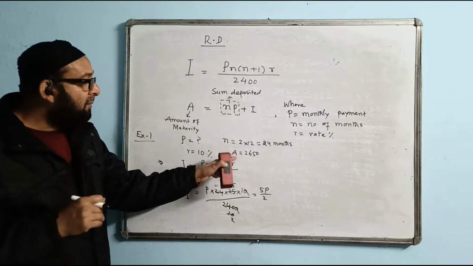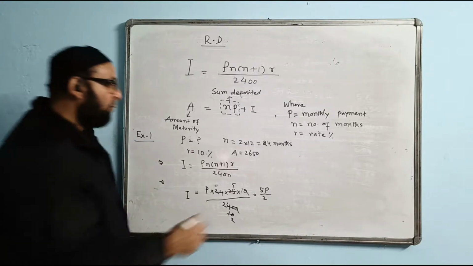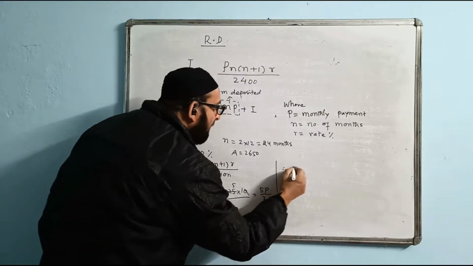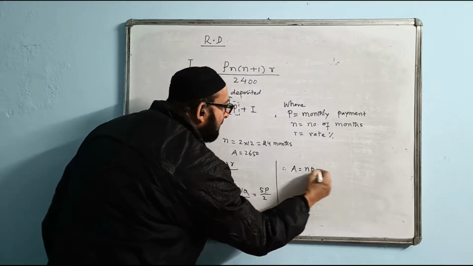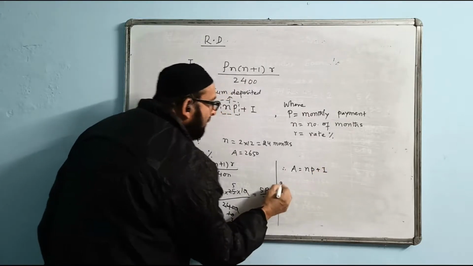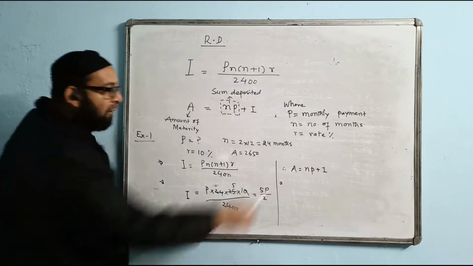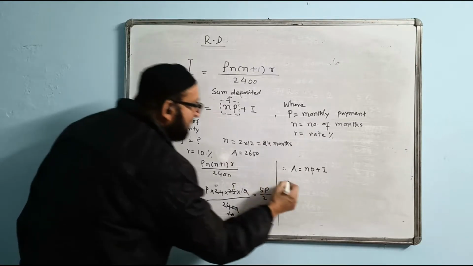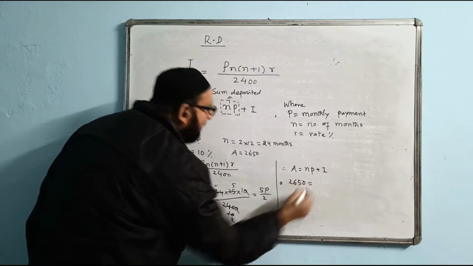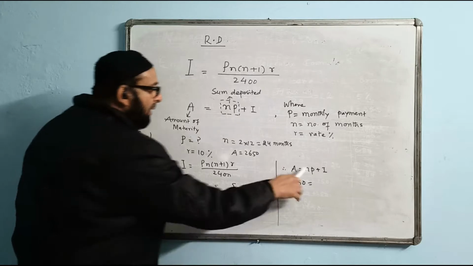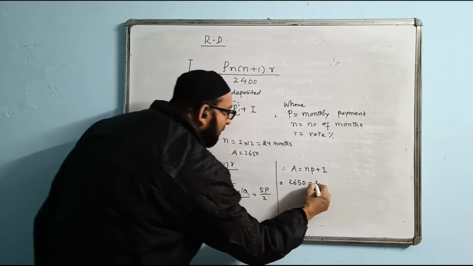Now amount is given. We will apply the amount formula now. Therefore we write A is equal to nP plus I. Now we put the values. Amount value 2650. N is given 24, so we write 24.